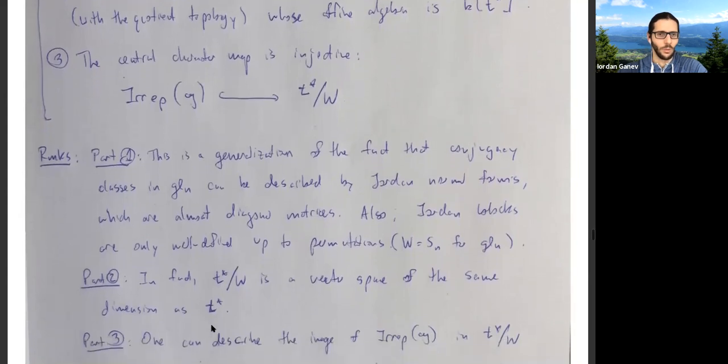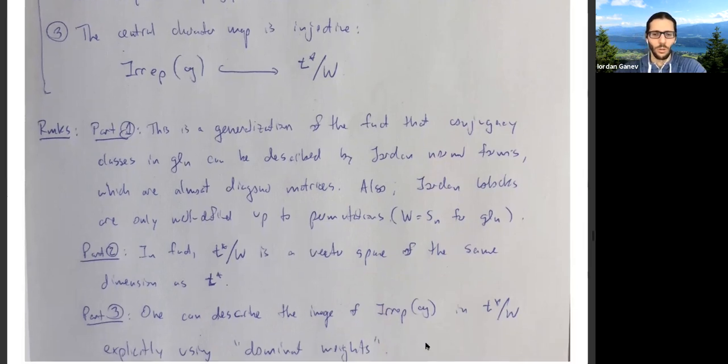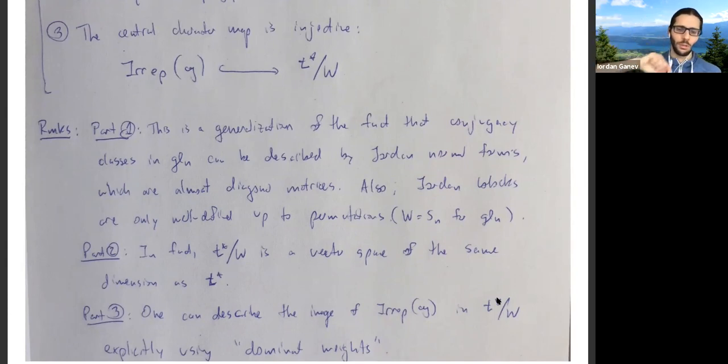Then for the third part, as I said before, the image is discrete inside of this vector space, and it can be described somewhat combinatorially and explicitly in terms of dominant weights. Basically you take a fundamental domain for this W action, and then you think about which points in that fundamental domain appear as the central characters of irreducible representations, and that forms this discrete cone.